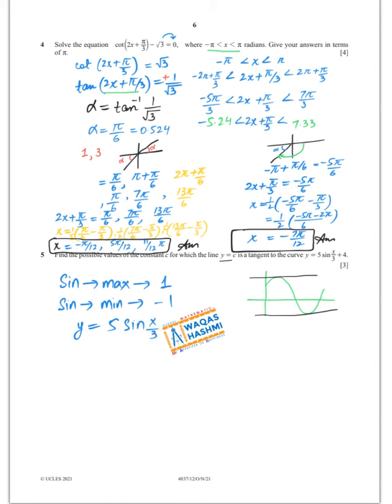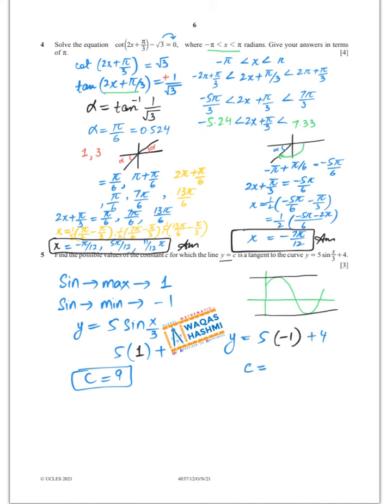If we are looking for the maximum value, that means the value of sine is 1 and other numbers are exactly the same. So 5 plus 4, it will be 9. The first possible value of c is 9 because y equals c is mentioned. And next, if we are talking about the minimum value, y equals 5 times the minimum value of sine, negative 1, plus 4.